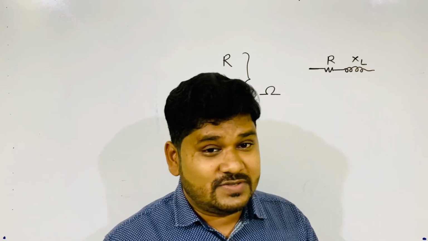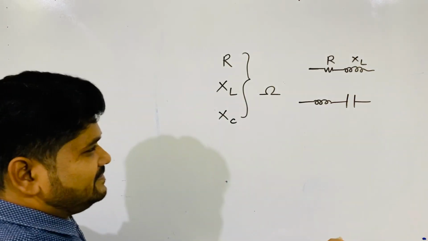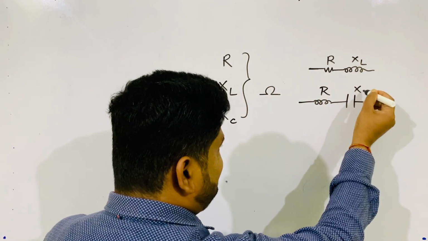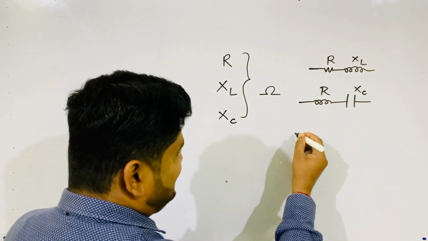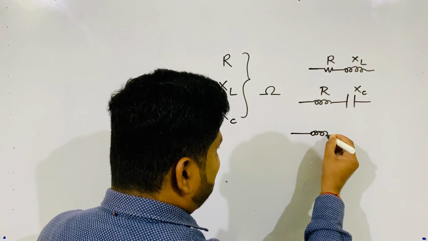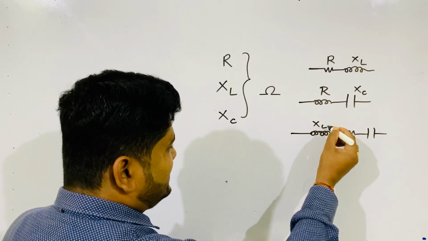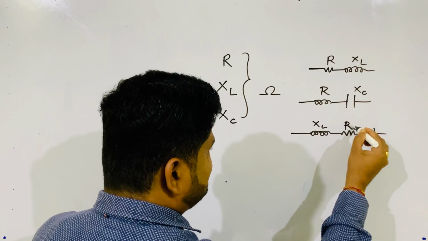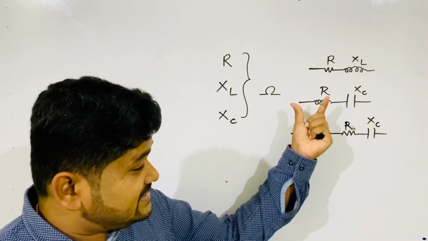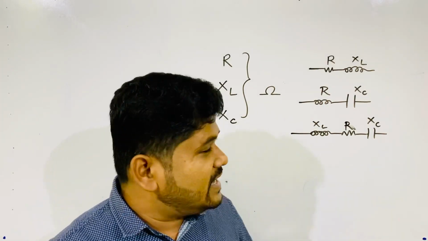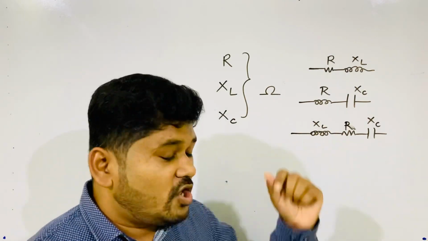Suppose a resistor and capacitor are connected: resistance and capacitive reactance. Then suppose inductor, resistor and capacitor, all three are connected. In this case, what is the opposition called?